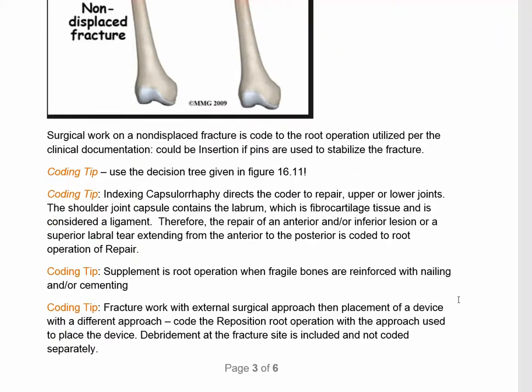If we find our clinical documentation talks about using nails or cement for bones that are fragile due to a fracture, we may look at the root operation of supplement.